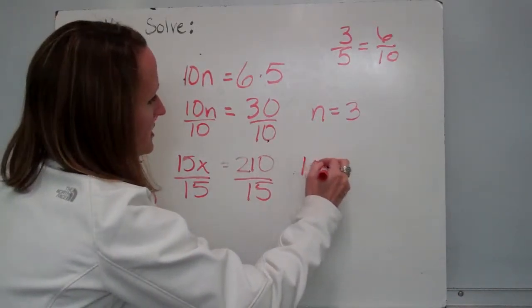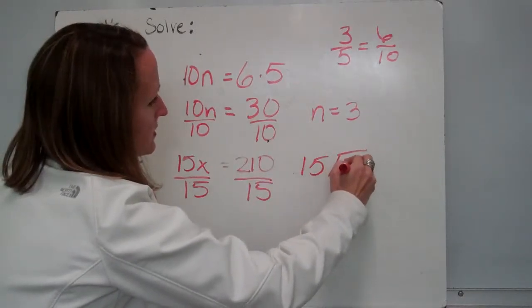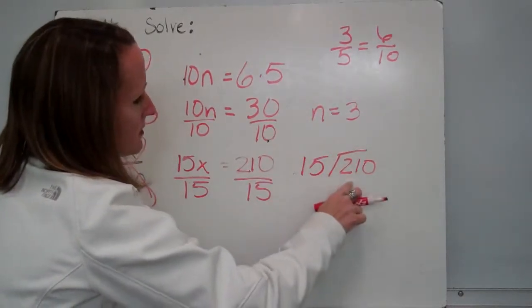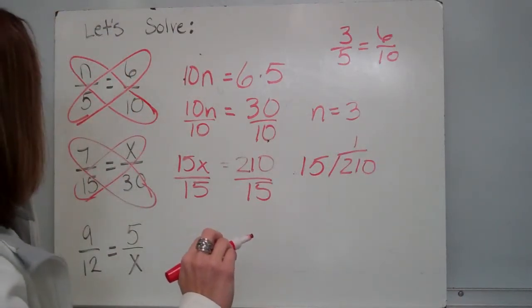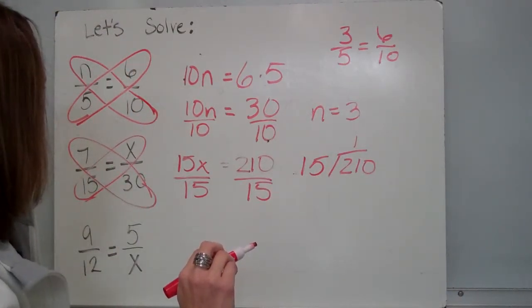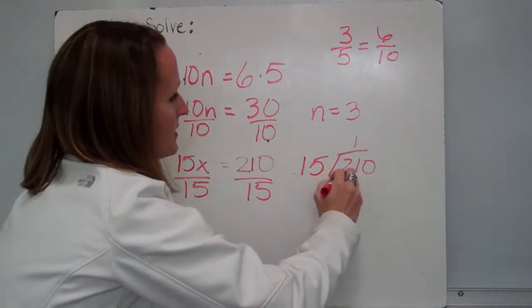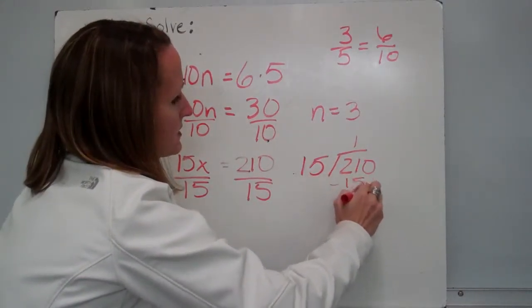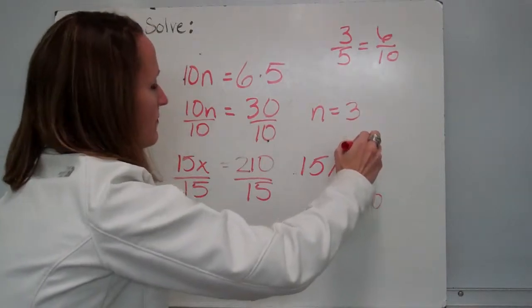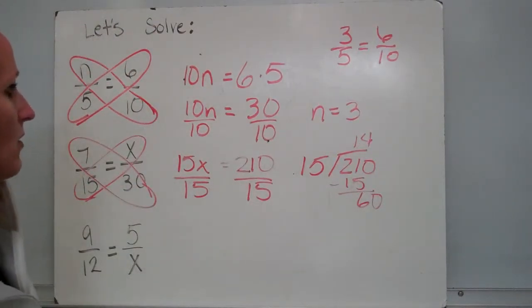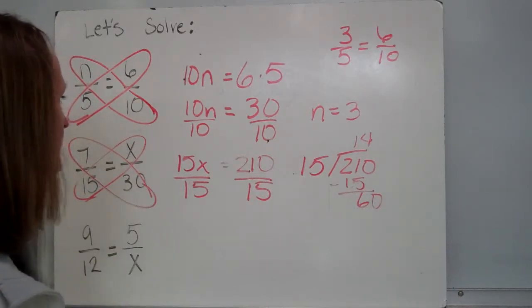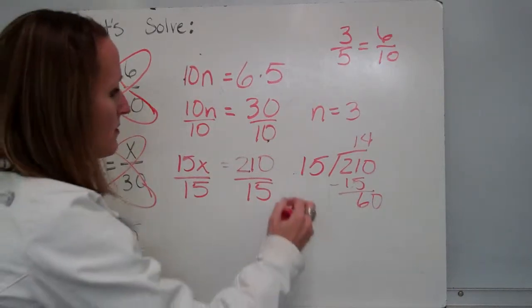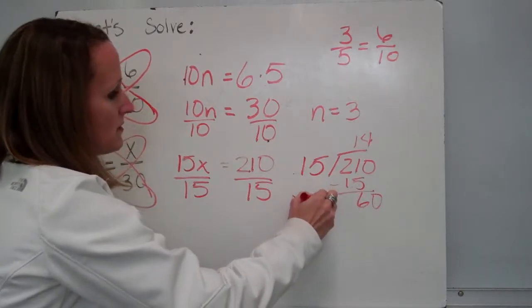So I would take 15 into 210. 15 goes into 21 one time. Minus 15, we're going to get 6. Bring down the 0, we're going to get 60, so I would get 14, which makes sense. X equals 14.